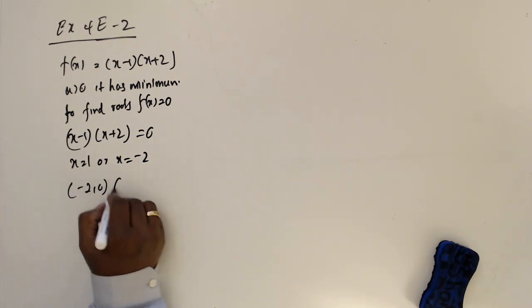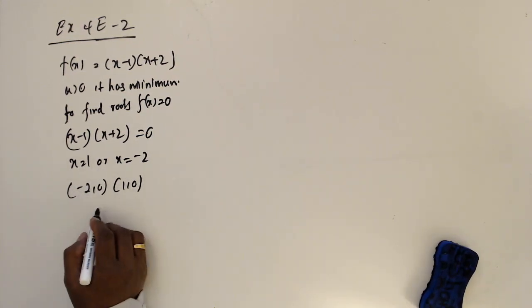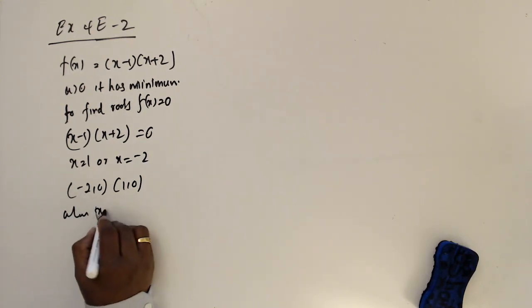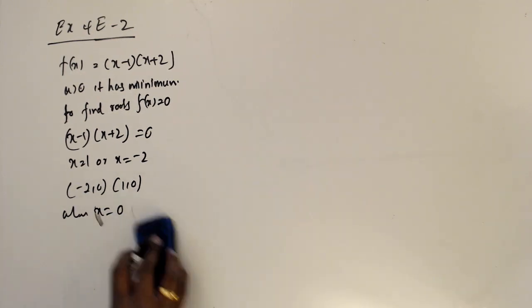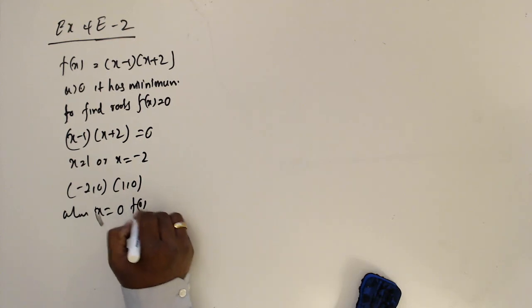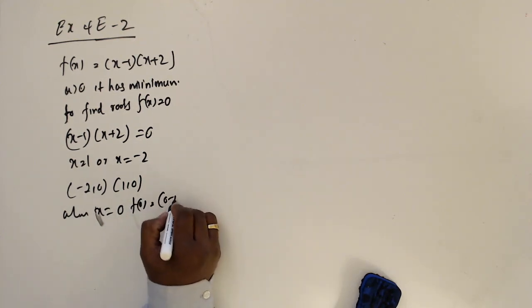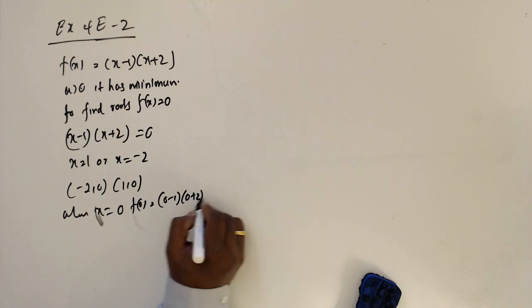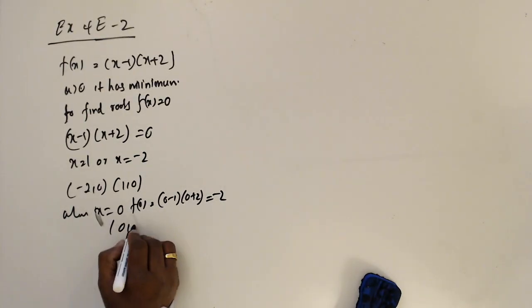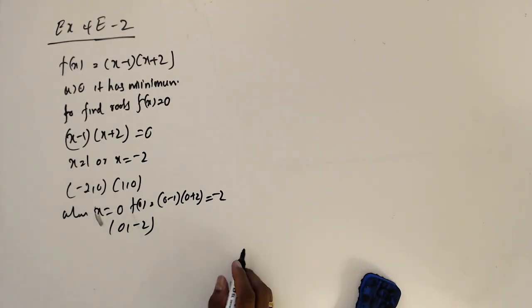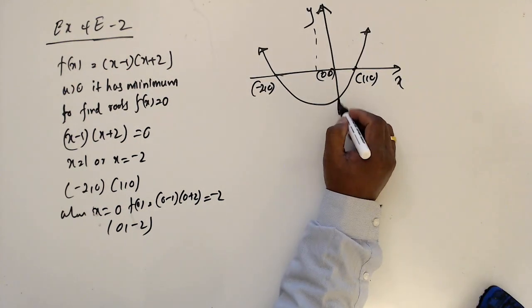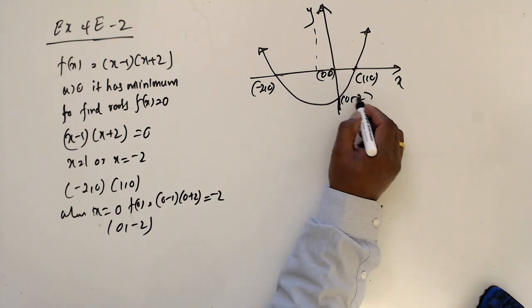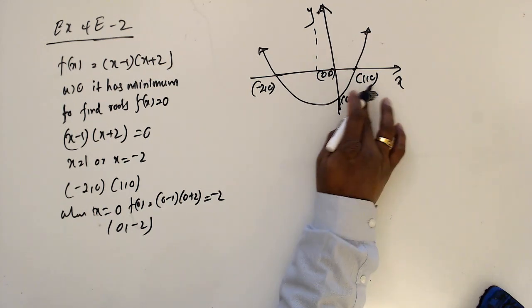So (minus 2, 0) and (1, 0). When x equals 0, y equals (0 minus 1)(0 plus 2), which is minus 2. So (0, minus 2). We can sketch this one.